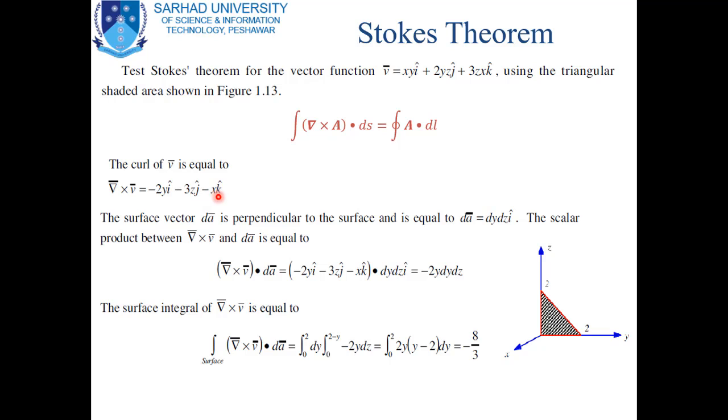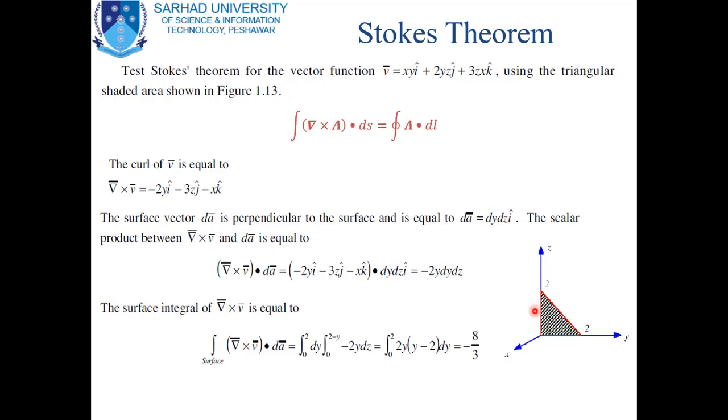And now we have to choose a surface, and for the given figure the surface lies in the yz plane, so the surface normal must be parallel to the x-axis, and the differential surface will be equal to dy dz.